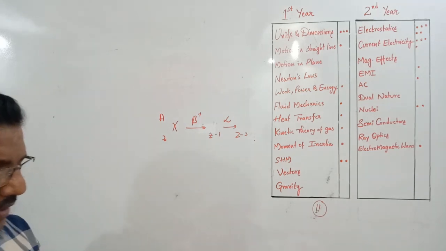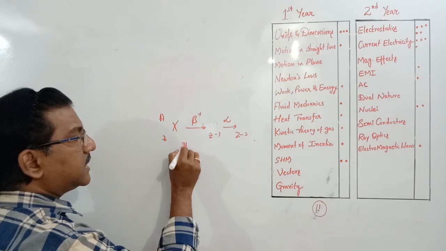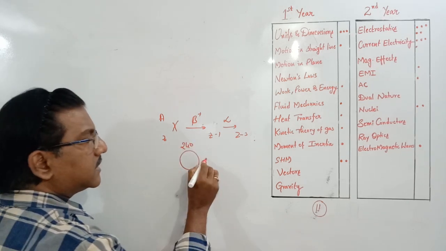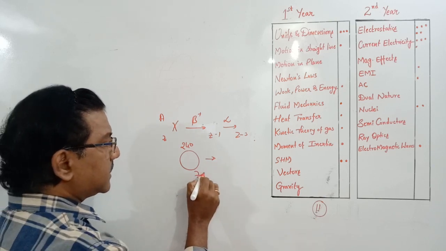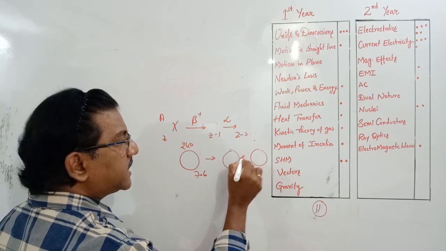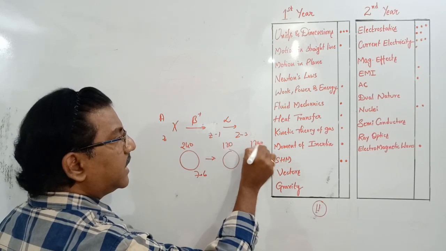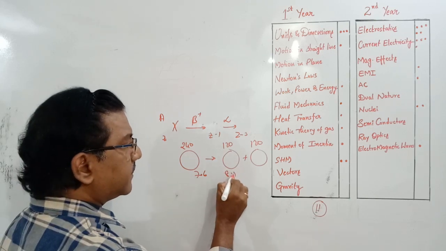Next, one more condition. That is nothing but binding energy. This is 240 mass. Binding energy of how much here? 7.6 per nucleon. It splits into two, 120 and 120. Its binding energy is supposed to be 8.5.